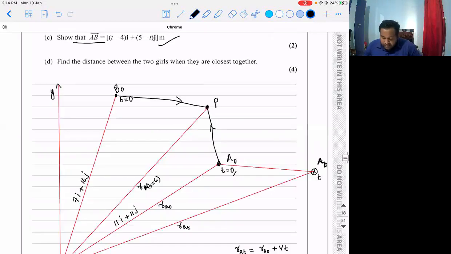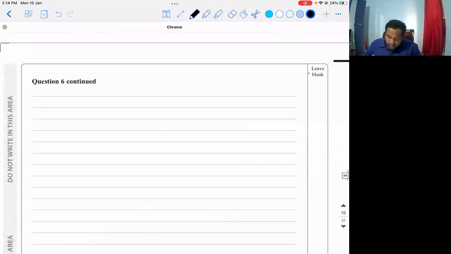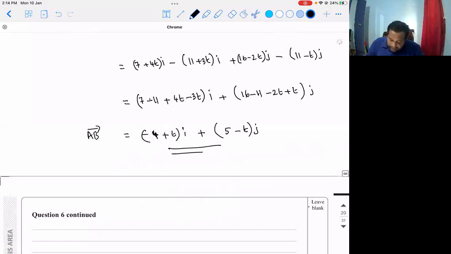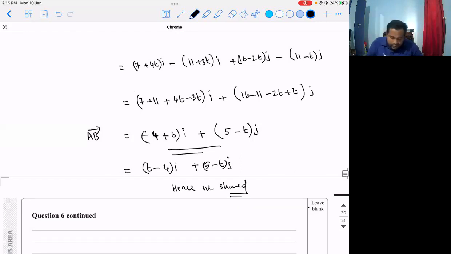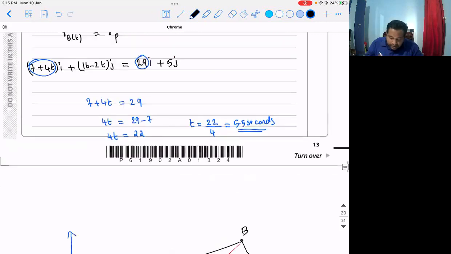We can write it as (t - 4)i + (5 - t)j. Hence we show. So that is the answer for the C part.